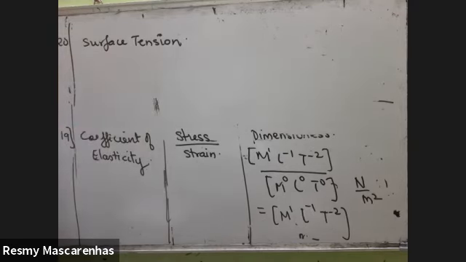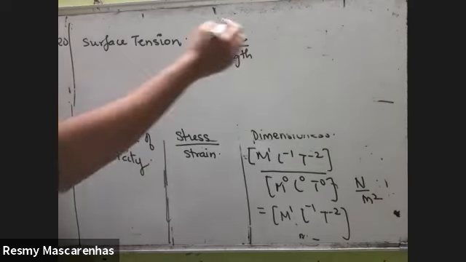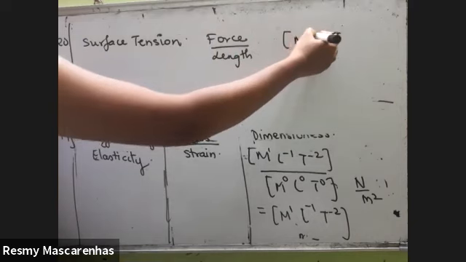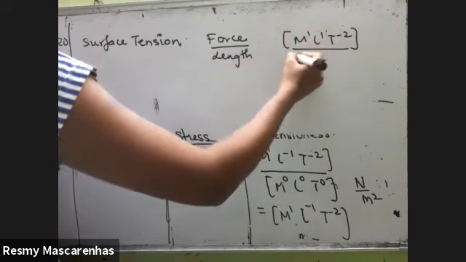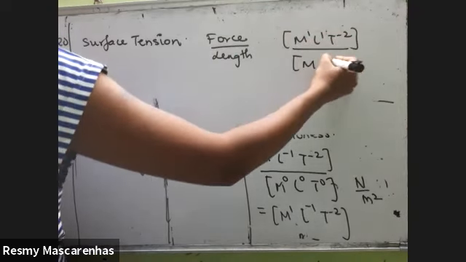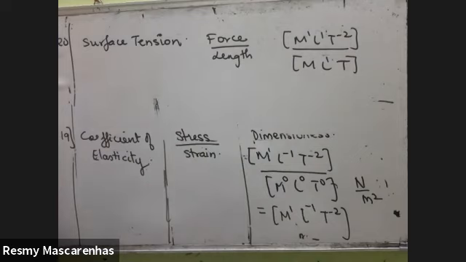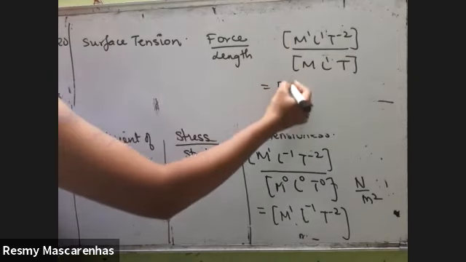Surface tension is nothing but force upon length. The formula for surface tension is force upon length. So put the dimensions of force and then length. One minus one will become 0.